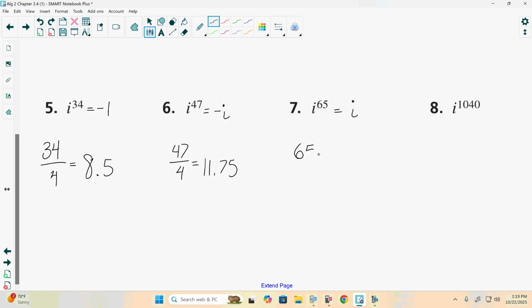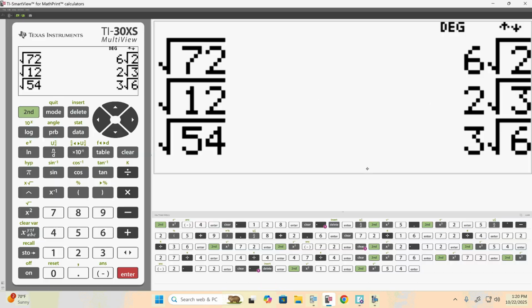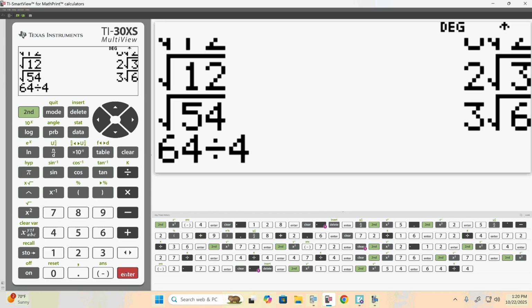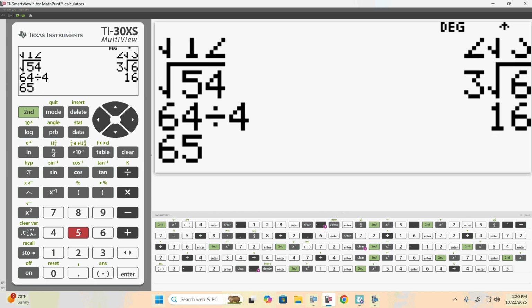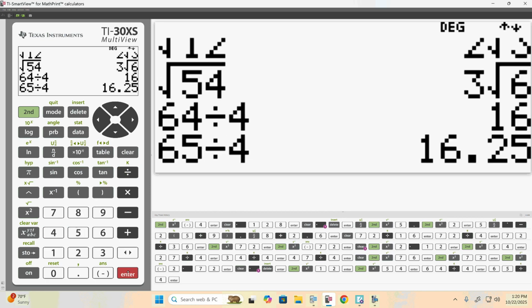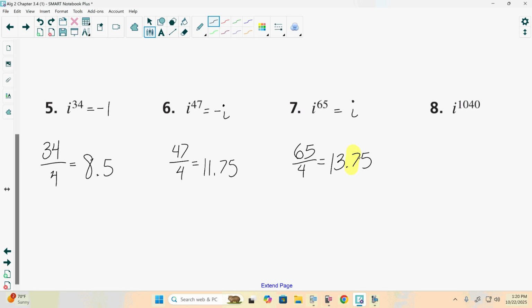Or if we have a calculator, it'd be 13.75? 25. I had the wrong number here.